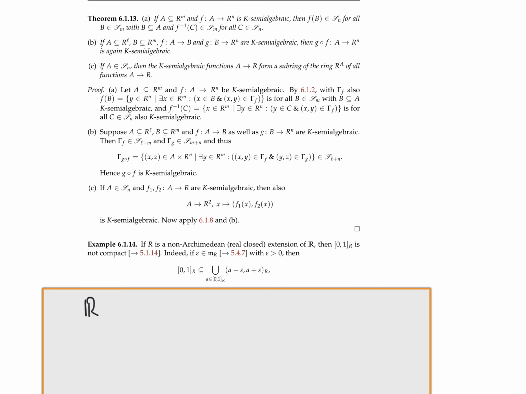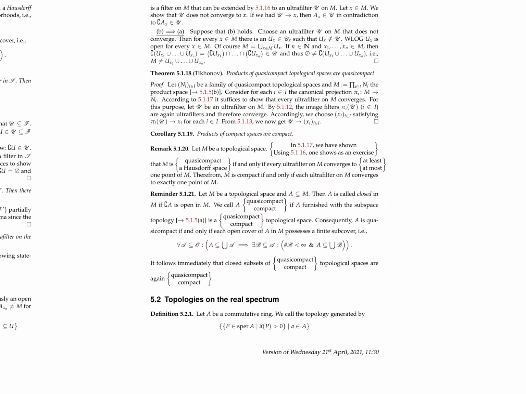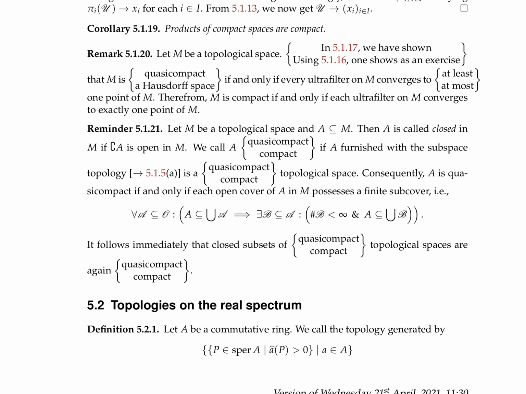So a subset of real numbers is quasi-compact if and only if whenever I cover it with open sets, there is a finite subcover. That's our topological definition, which we had here in 5.1.21.